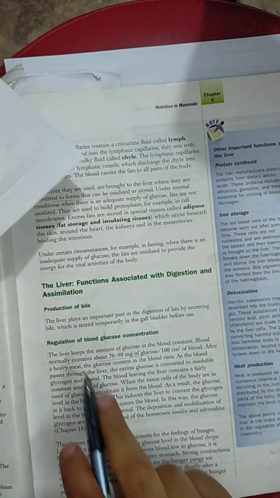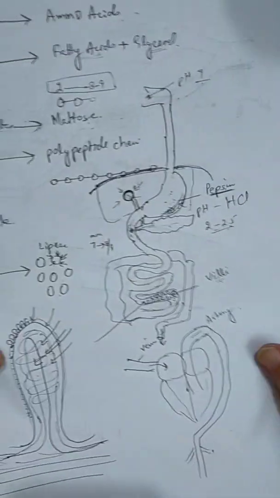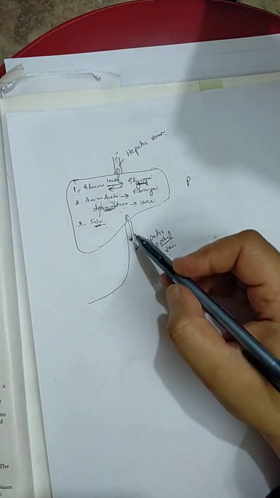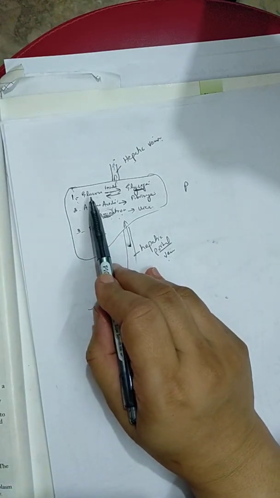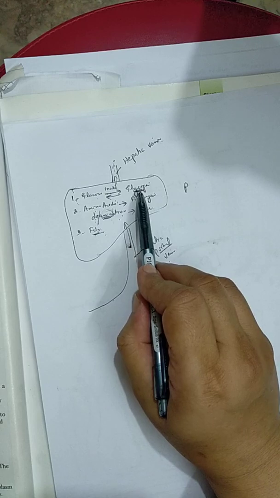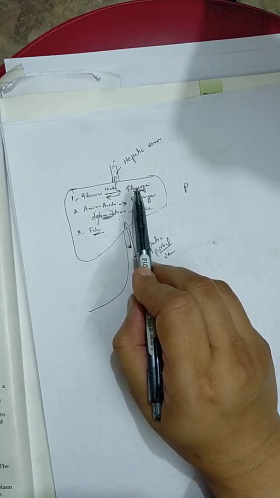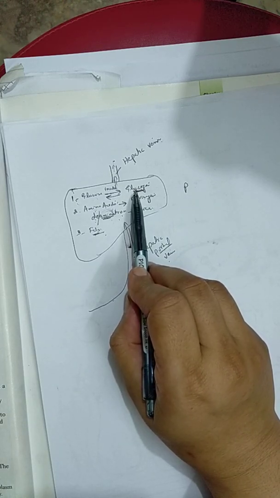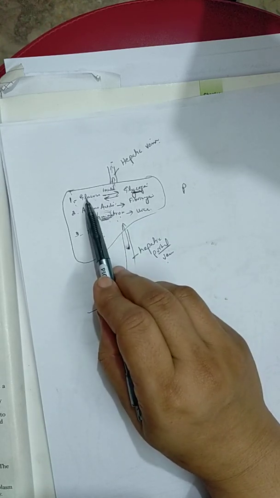Secondly, again I told you that it controls blood glucose concentration. As I told you, after taking a meal, digestion takes place and food goes into the liver. So what happens here? Extra glucose converts into glycogen and is stored in the liver. When our body needs glucose, at the time of exercise or if we are doing anything, at that time that glycogen converts into glucose.